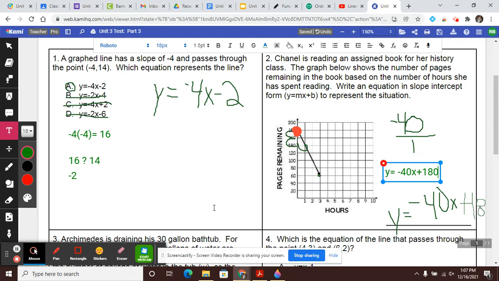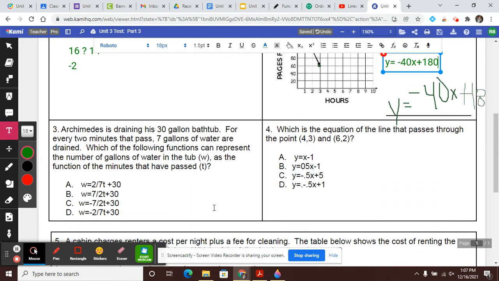All right. Next, we're going to go down and look at another word problem. It says Archimedes is draining his 30-gallon bathtub. For every 2 minutes that pass, 7 gallons of water are drained. Which of the following functions can represent the number of gallons of water in the tub, W, as a function of the minutes that have passed? The first thing I'm going to do is figure out what my y-intercept and my slope are. So I first find my slope.